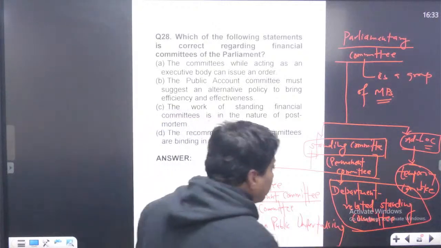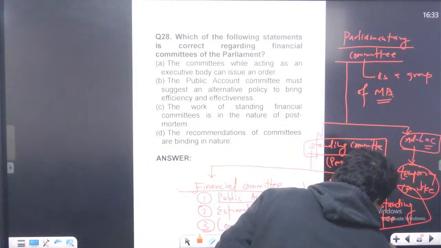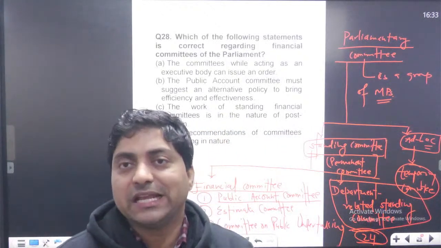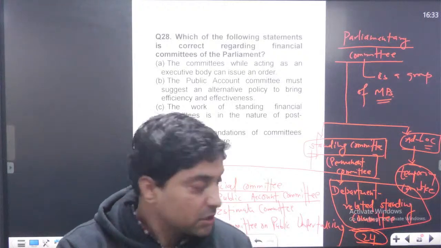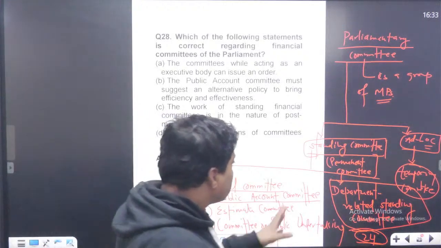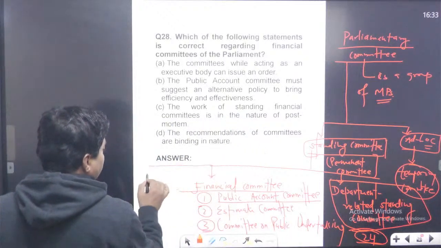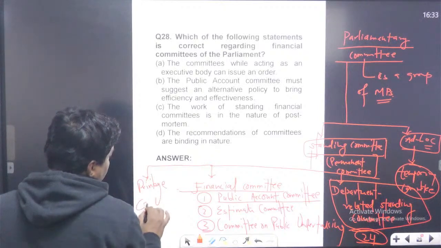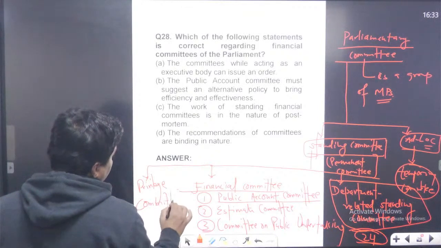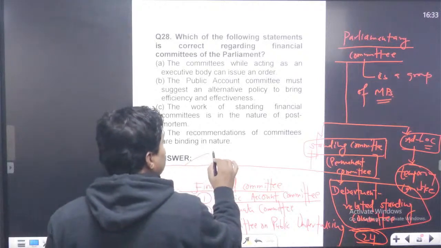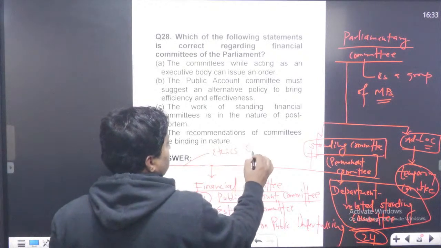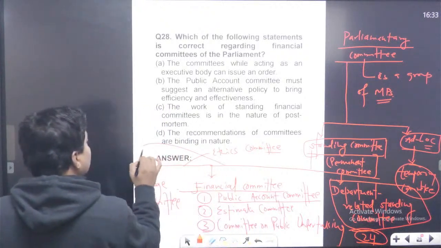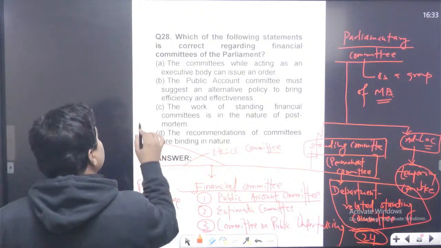Approximately 24 departmental standing committees are working in the Indian Parliament. Now come to another committee: the Privilege Committee, Ethics Committee, Library Committee.